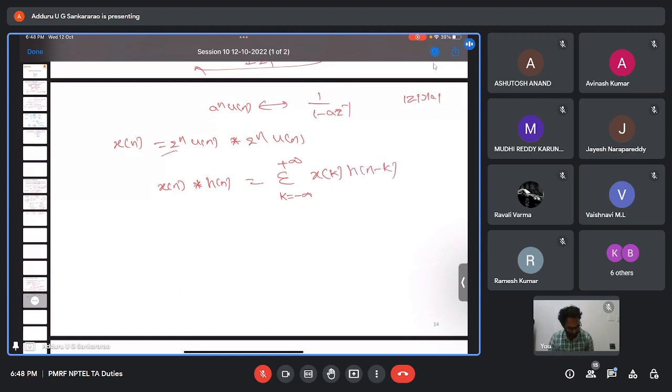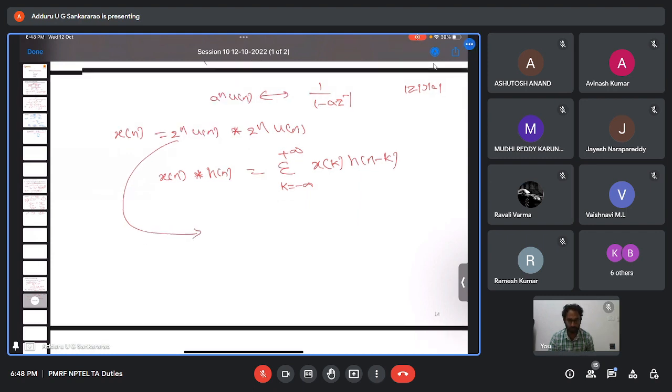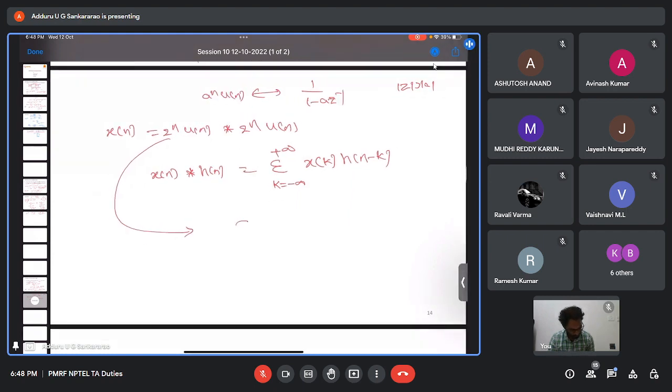In the same way for this, the convolution is sigma k equal to minus infinity to plus infinity, x of k is 2 power k u of k, and the other one is 2 power n minus k and u of n minus k.